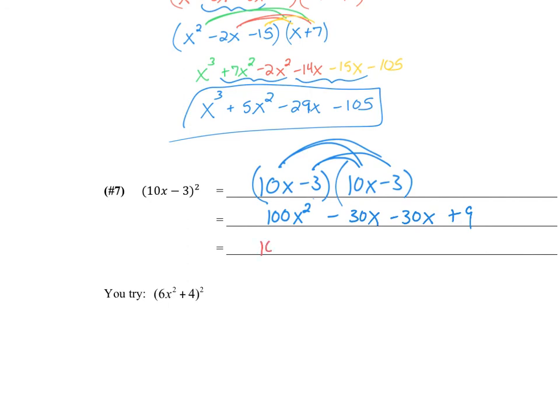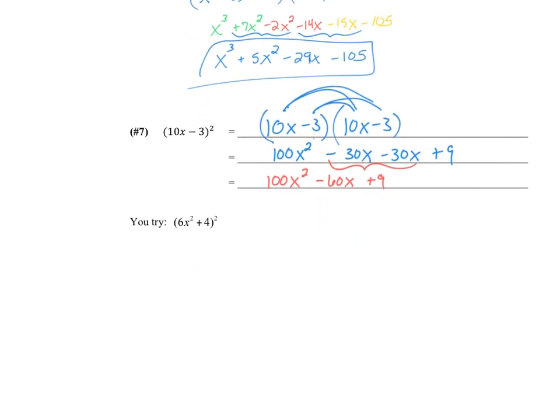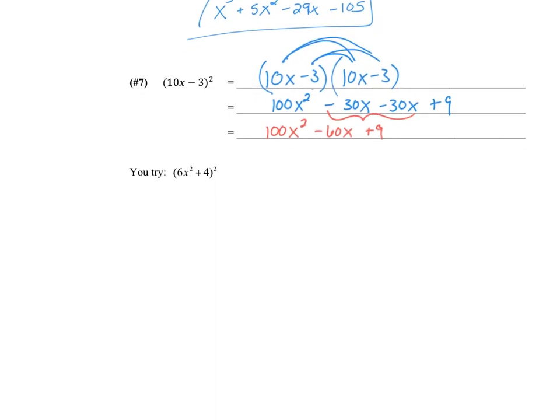And then we combine like terms, so 100x squared. Negative 30 minus 30 is negative 60x plus 9. Okay, and I will show you one more like this. 6x squared plus 4 squared means you write this down twice. 6x squared plus 4 times 6x squared plus 4.